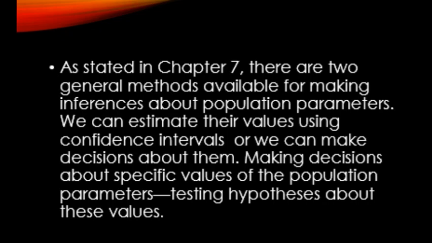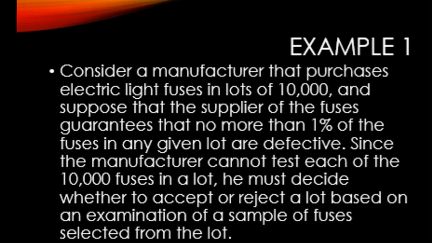And then the other method is where we can make a decision about a specific value of the population parameter. So basically, we will conduct a test of hypothesis about these values, and that's what we will learn in this lecture. So let's start with an example and see what type of problems we can solve here.